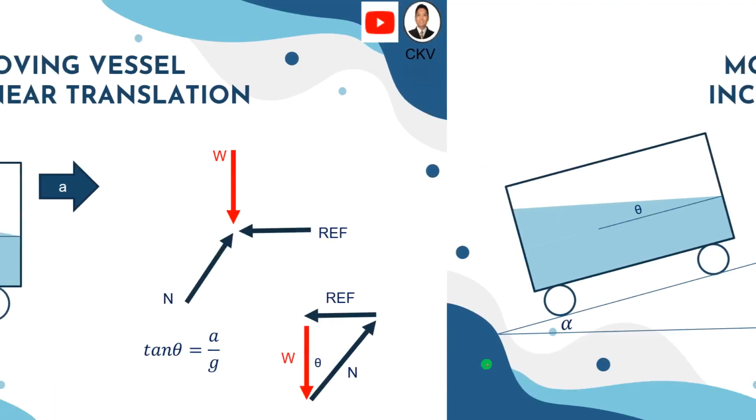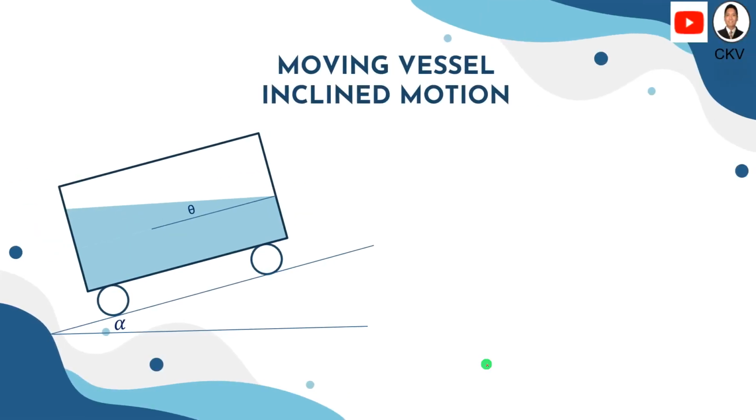Okay. So how about if the moving vessel is in inclined motion? Of course our acceleration is parallel to the plane surface where the vessel is moving. So first, determine the equivalent horizontal and vertical components of that acceleration, a_H and a_V.